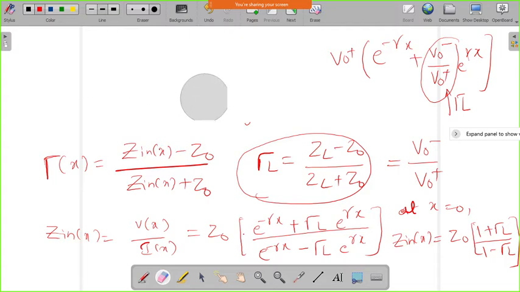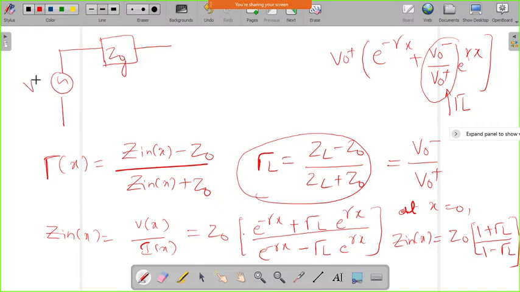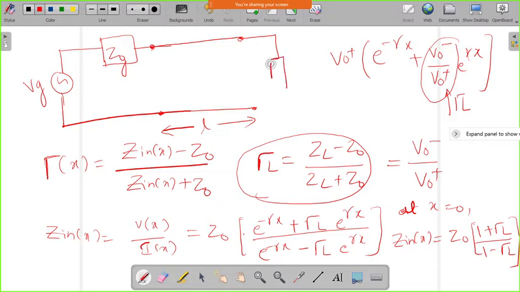Okay, now you can observe the figure. We have the source here, and we have the characteristic impedance Z naught, and the source generator impedance we can call Zg. Now I take the transmission line which has a length L, and we have the load ZL.